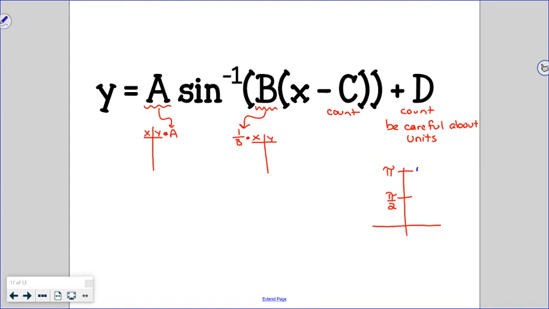Pi is approximately 3 or a little bit more, right? So if pi is approximately 3, pi over 2 is approximately 1.5. So if I was told to move this dot up 2, I've got to move a little past that tick mark. Not 2 tick marks, but a little past the one that's about 1.5, right? So it's going to be a lot of approximation when you're doing a vertical shift.